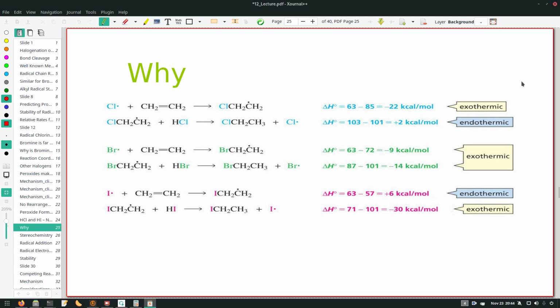It is based on the fact that for bromine, both steps to create the radicals are exothermic, and yet for chlorine it's exothermic the first step but endothermic the second, and for iodine it's endothermic first and exothermic the second, and both of these endothermic steps create a situation where just straight adding it across the double bond is more beneficial. So our pathway to standard HCl addition across the double bond, or HI across the double bond, is easier than creating that radical.